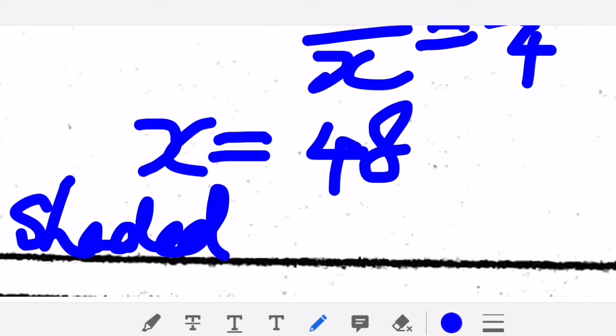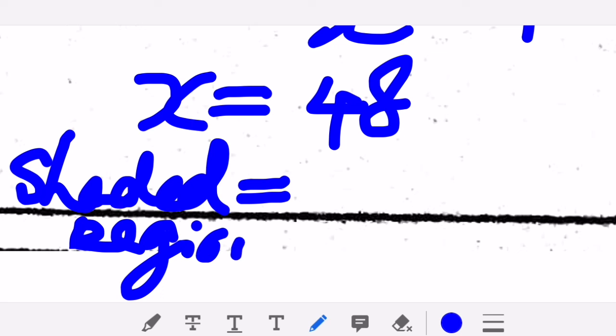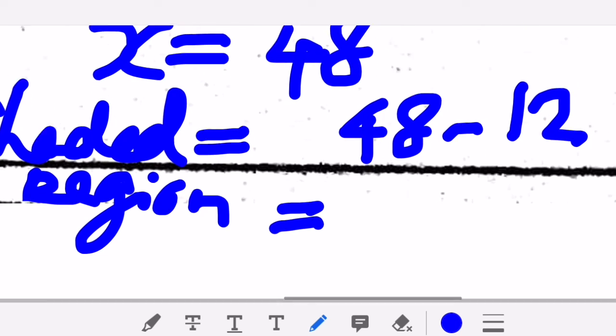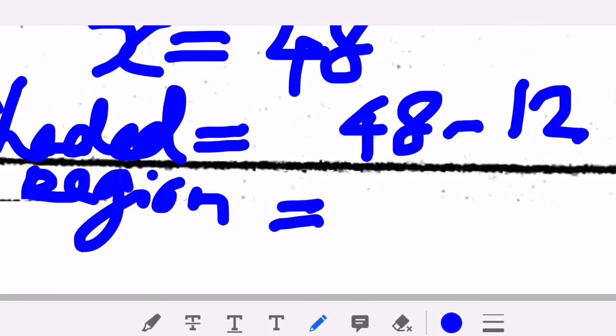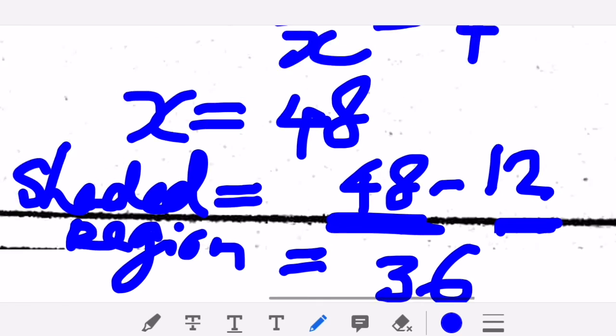Then shaded region, you have to take what? You have to take the object minus out the image, which is 36. This one is the object. Image becomes smaller.